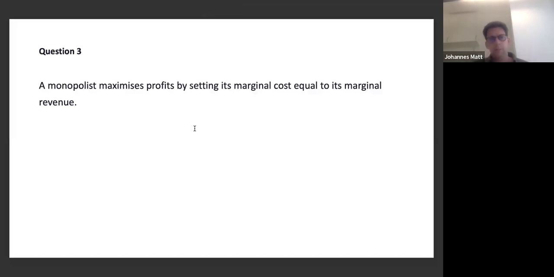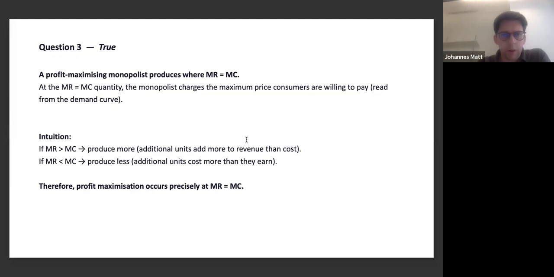Okay, so then let's move on to question number 3. Again, a microeconomics question: a monopolist maximizes profits by setting its marginal cost equal to marginal revenue. So what is the problem that a monopolist is solving? Well, a monopolist decides whether or not to produce an additional unit of its output good at marginal cost.